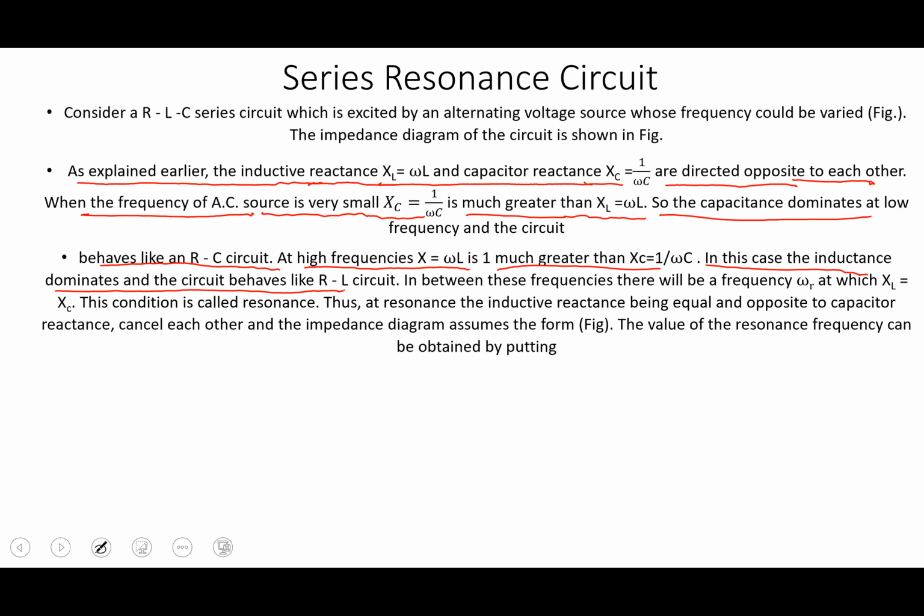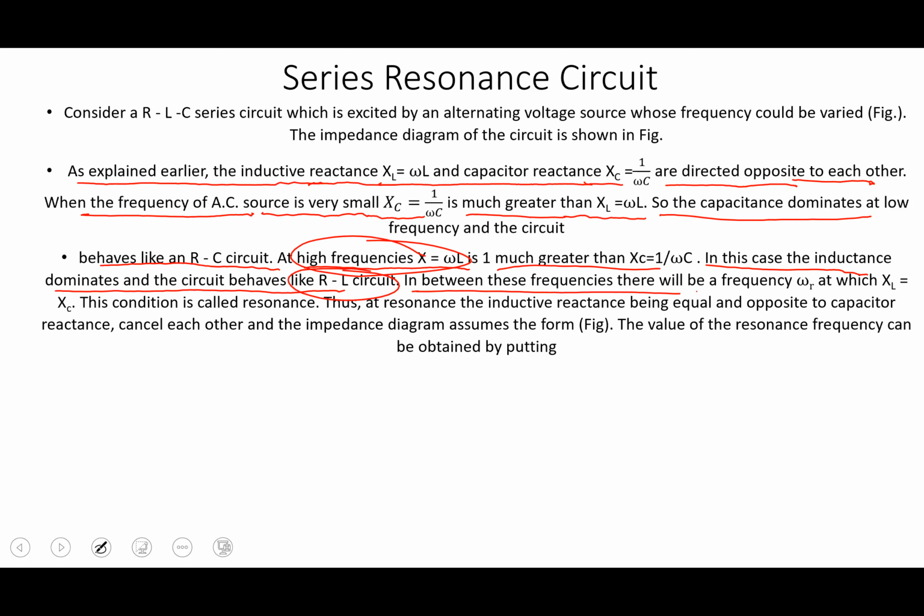That means at high frequency the circuit is inductive, whereas at low frequency the whole circuit will be capacitive.